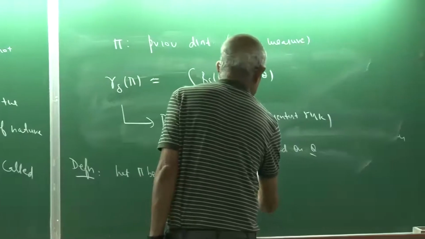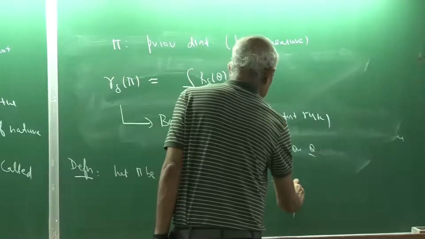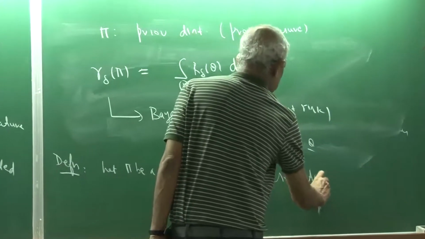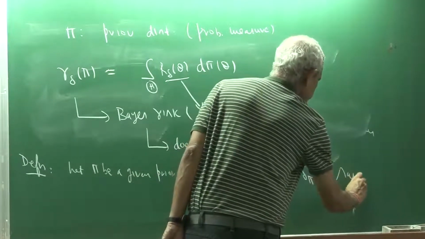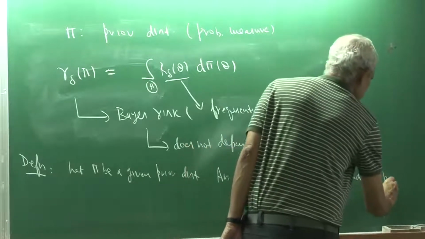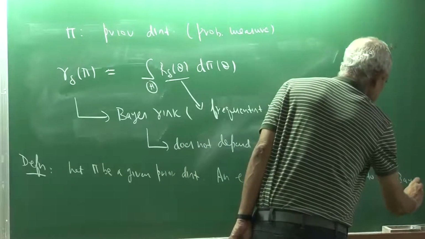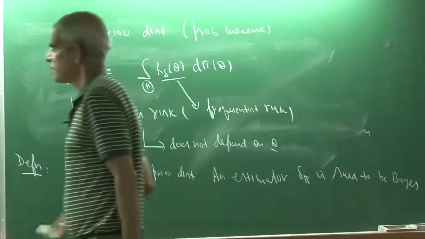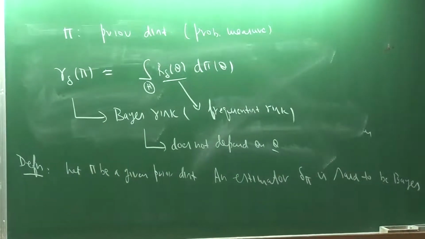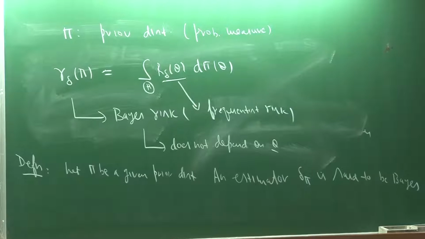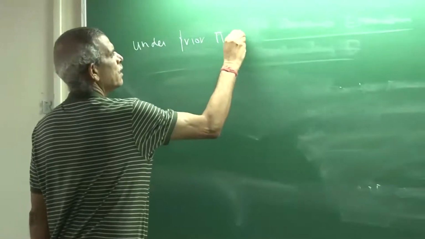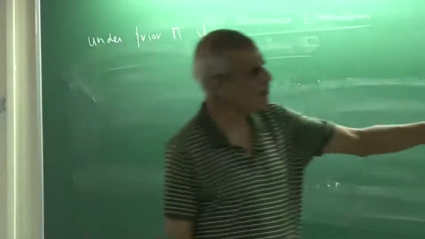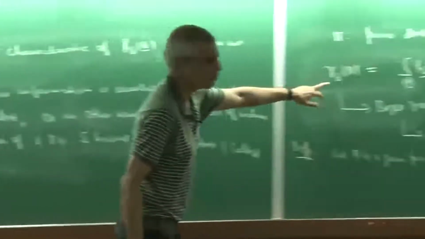An estimator delta pi is said to be Bayes under prior pi if it minimizes this quantity.